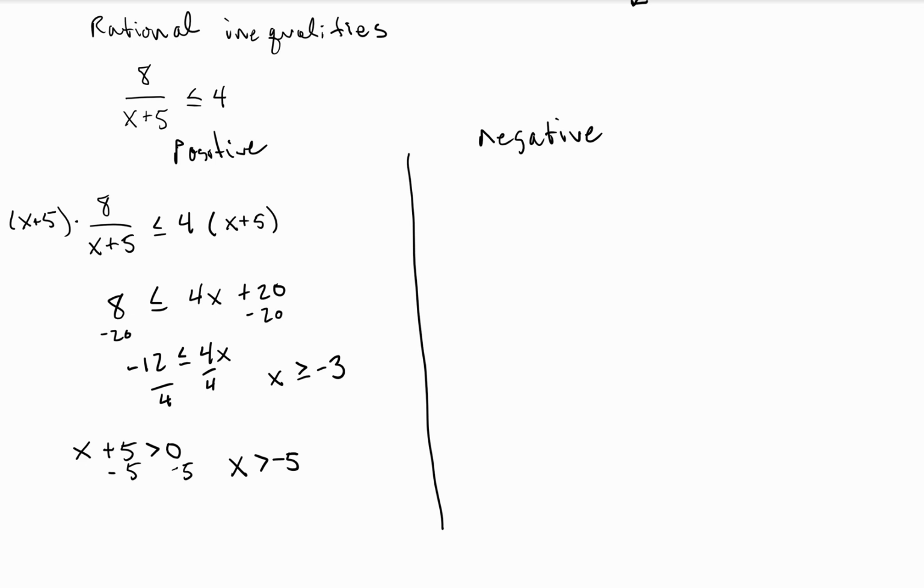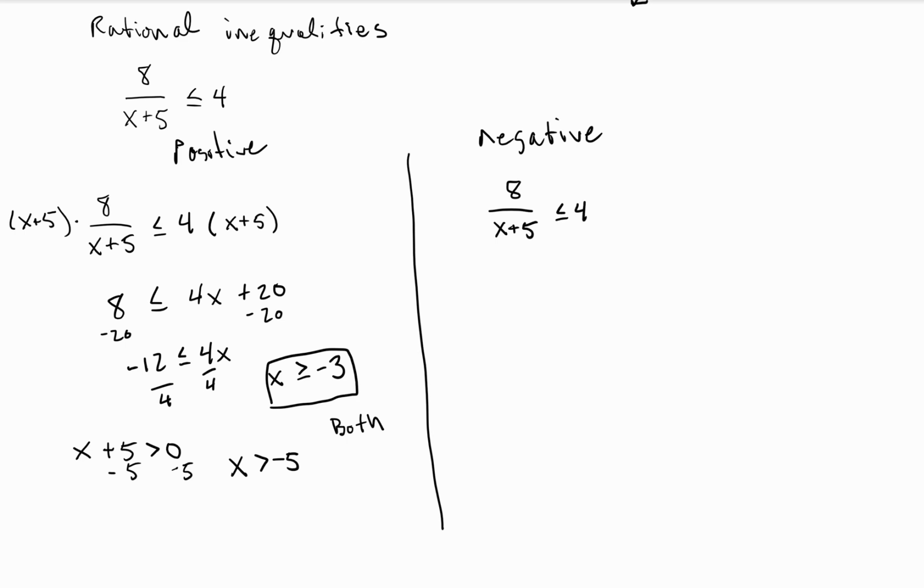So what values are both greater than negative 5 and greater than negative 3? It's these, right? Any number that's greater than negative 3 will also be greater than negative 5. But there are a couple of numbers that would be less than negative 3 but greater than negative 5, so those don't count.